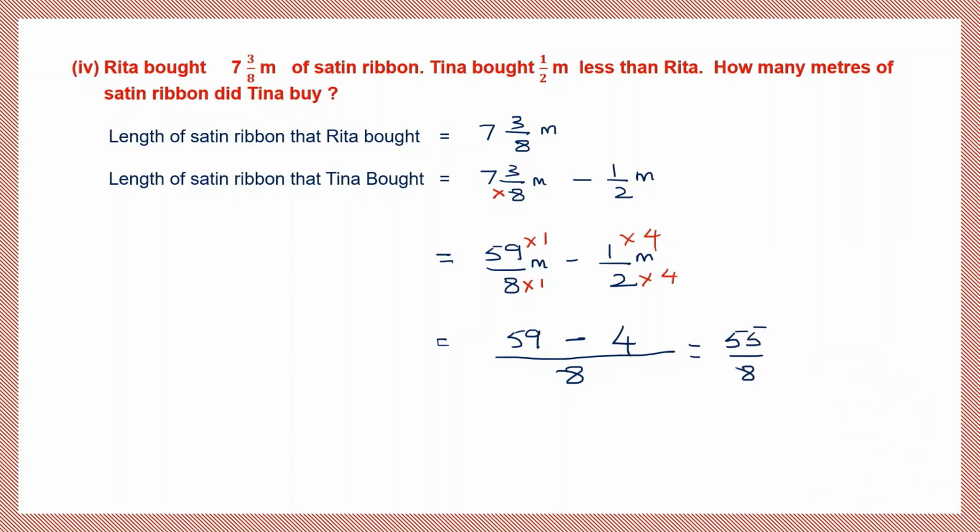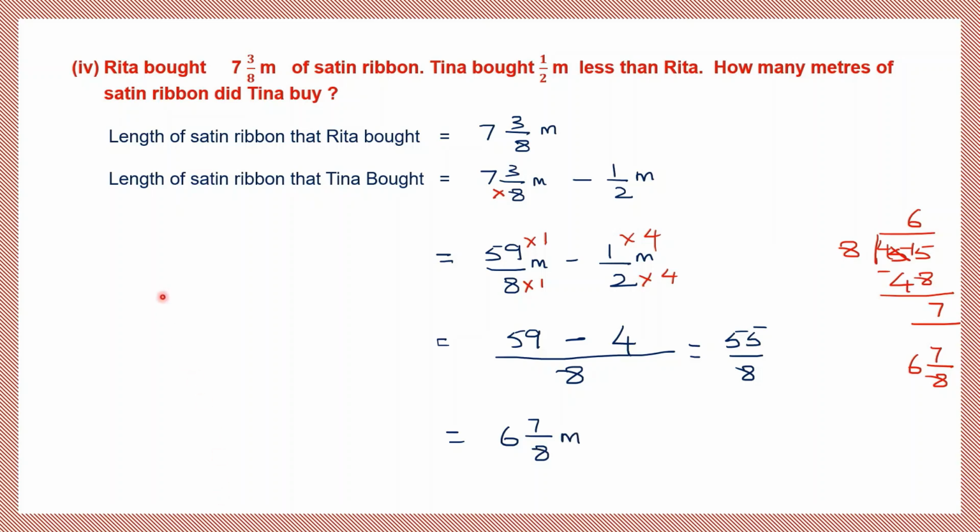Now 55 by 8 is an improper fraction, so let's convert it to a mixed number. 55 divided by 8. 8 sixes are 48, minus, so this is 15 minus 8 is 7. So what do we get here? 6 7 by 8. So the answer is 6 7 by 8 meters.